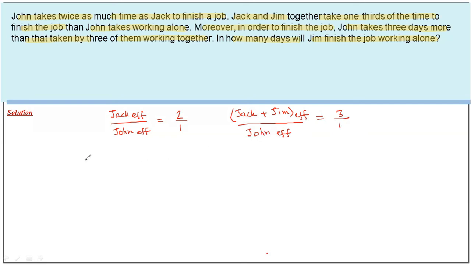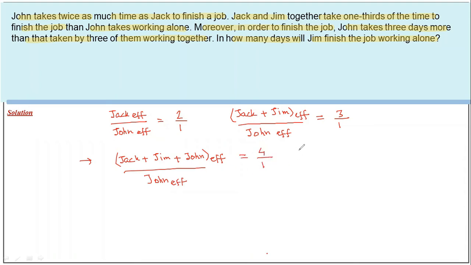So from here what we get is Jack plus Jim plus John, their combined efficiency by efficiency of John becomes 4 by 1.